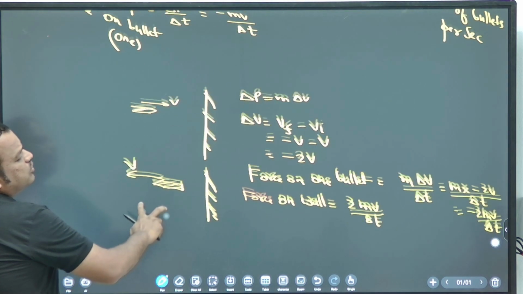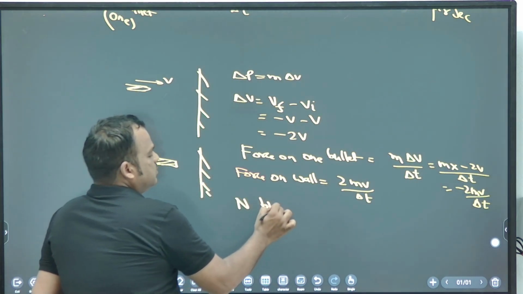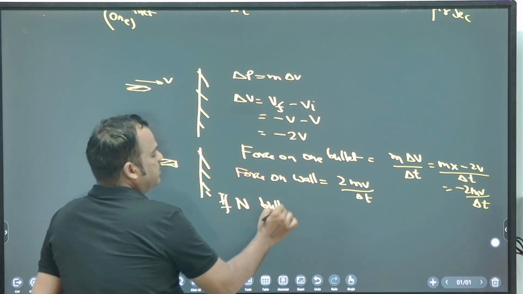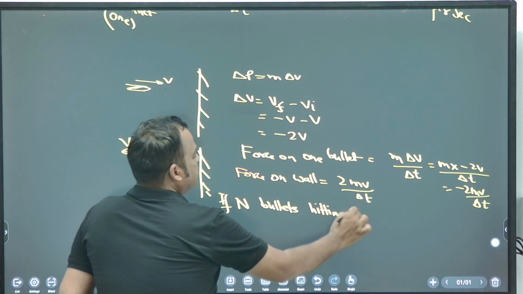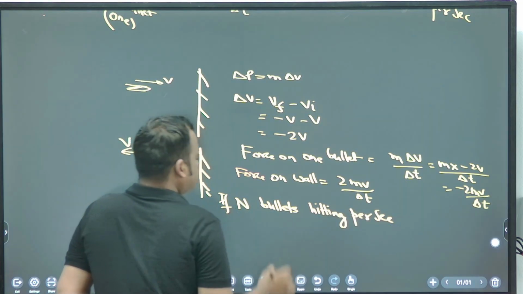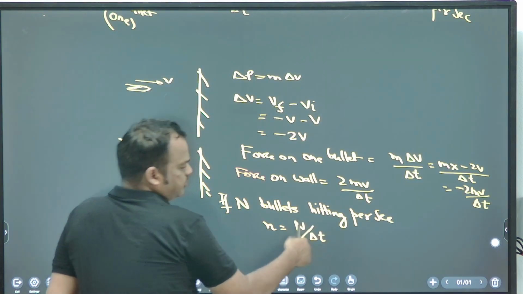And if n bullets are hitting per second, so small n is equal to n by delta t, again we can put.